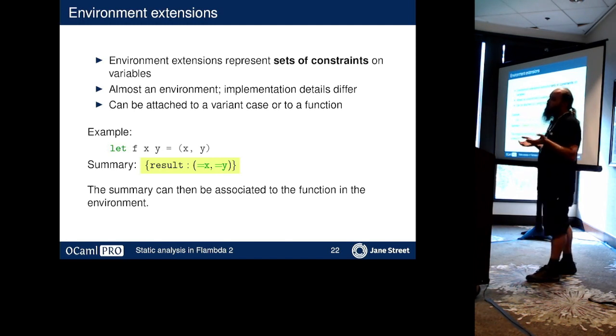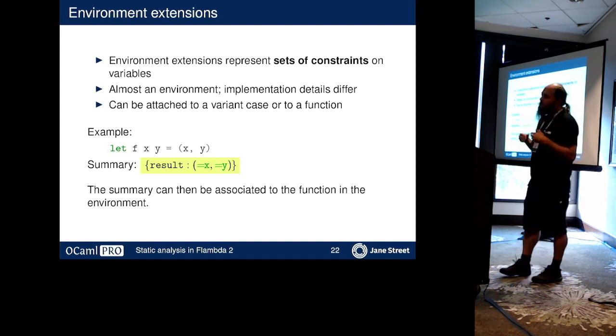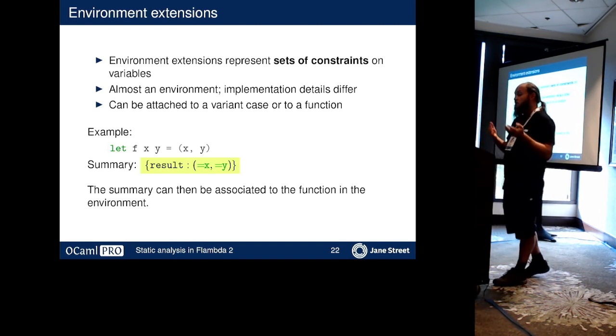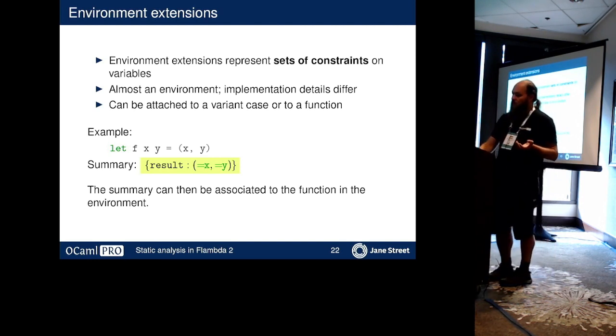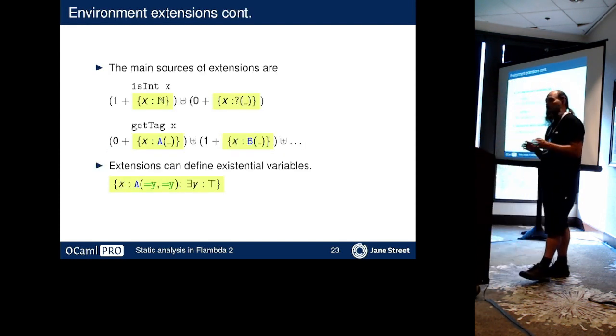So when you have a function, for instance, we can store some basic summary of its semantics as an extension. Basically, that function returns a pair of things that are aliases to its arguments, and we can say that in the type. So extensions can be attached to anything that can be part of a union.